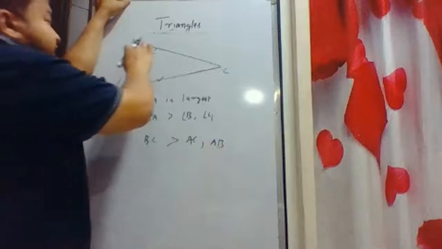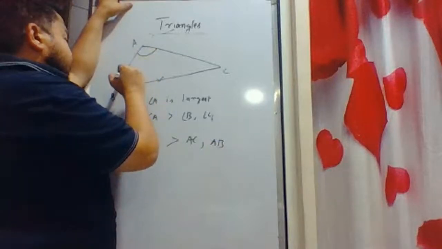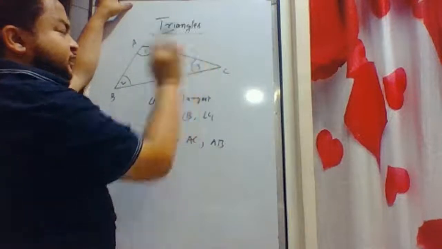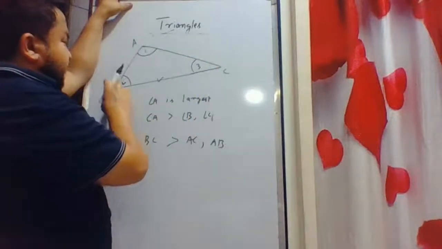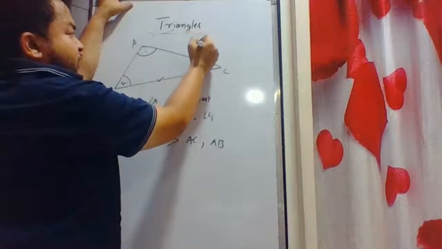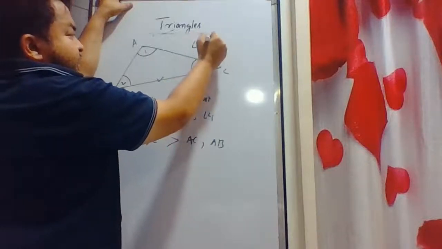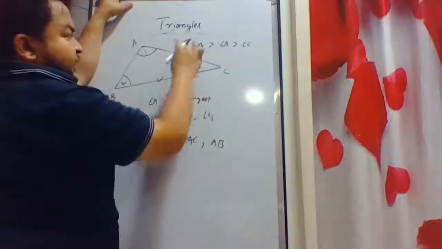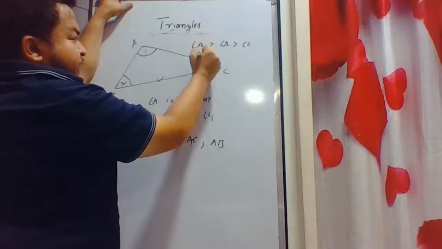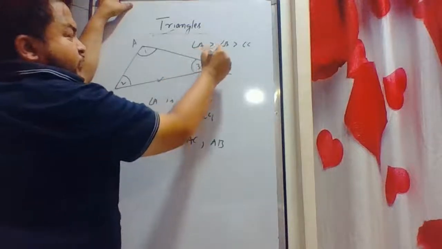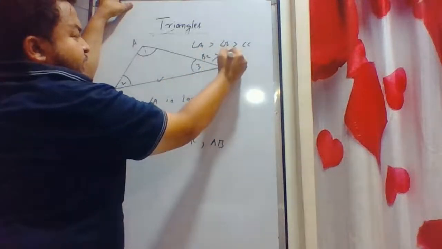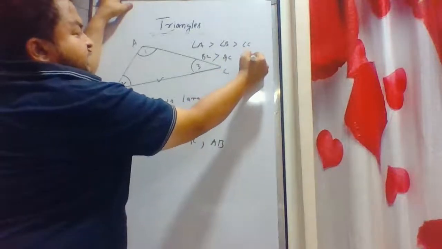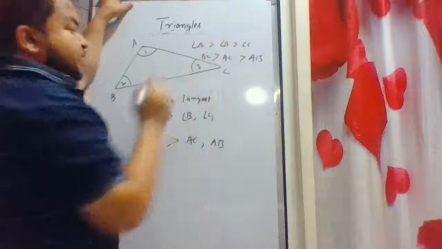So suppose angle A is largest, B is second largest and C is the smallest. Then if angle A is greater than angle B, greater than angle C, the opposite side of A, BC, would be greater than the opposite side of B, AC, would be greater than the opposite side of C, AB.